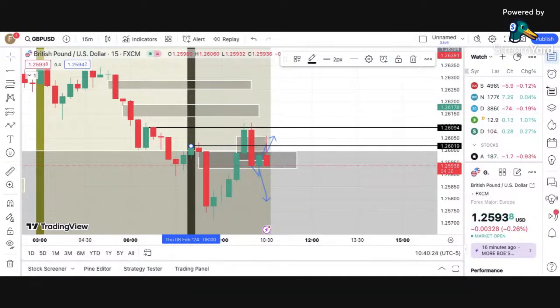You can see it's probably looking like it's about to break through. It's been playing around with this gap for a minute.